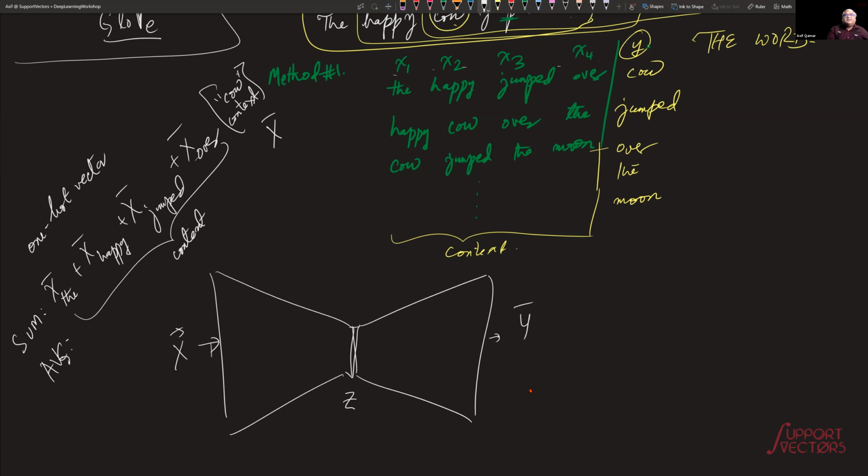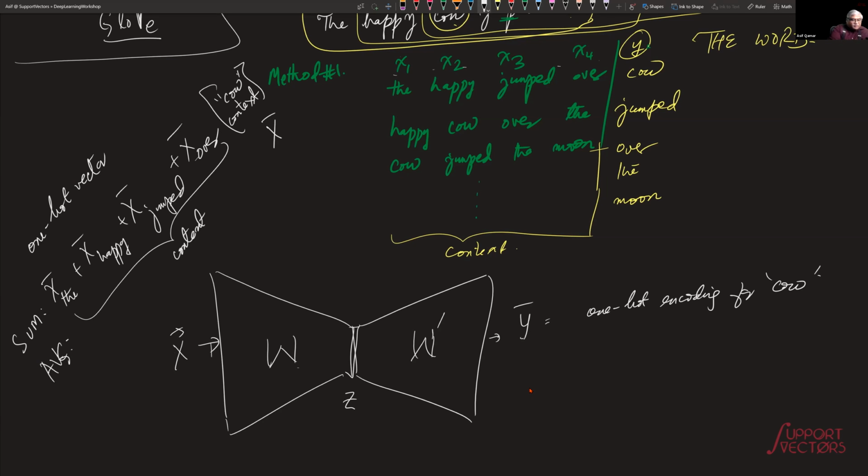And what you do is you force it to learn the weights, W and W prime, in such a way that the Y that comes out is cow. The output vector, the one hot encoding, is the one hot encoding for cow. So let's think about it.